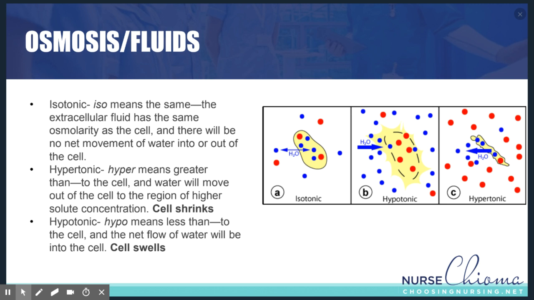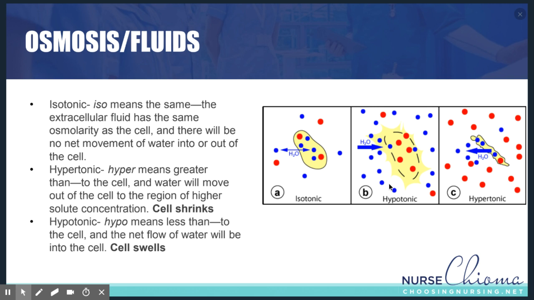The blue represents the water and the red represents solute. You see how the arrows are pointing in both directions? Because it's isotonic.